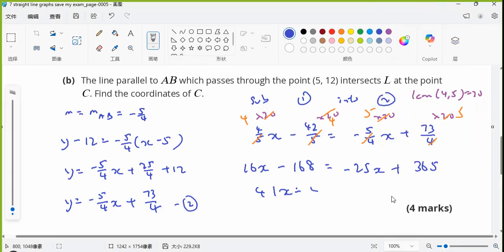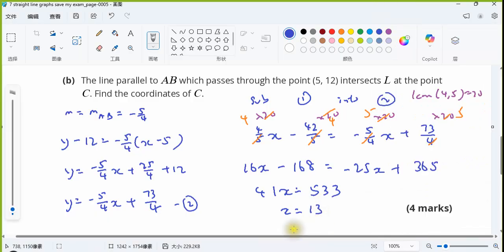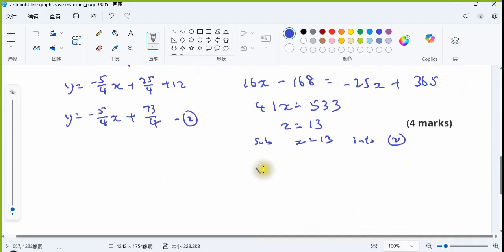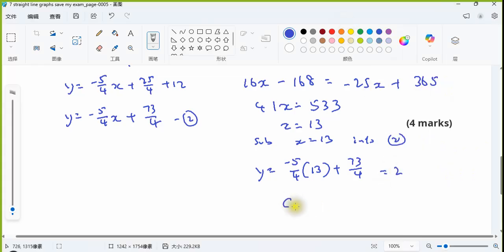This is 533. So x divided by 41, then we have 13. Substitute x equals 13 into equation number 2. Then y is -5 over 4 times 13 plus 73 over 4. So we have (-5 times 13 plus 73) over 4. So it's 2. So point C will be (13, 2).